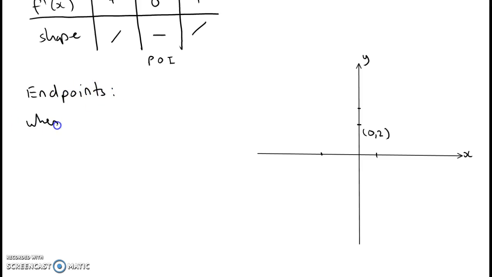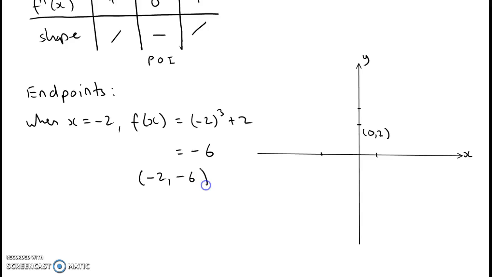So when x equals minus 2, we'll have f of x, just sub that into our original, equals minus 2 cubed plus 2, which equals minus 8 plus 2, which gives us minus 6. So we know we've got an endpoint at minus 2, minus 6.